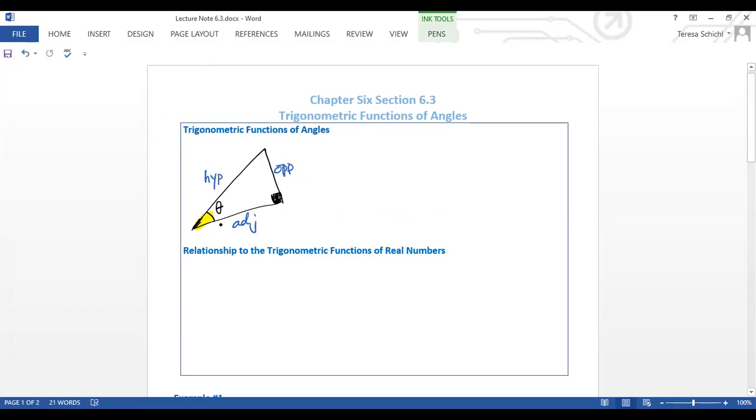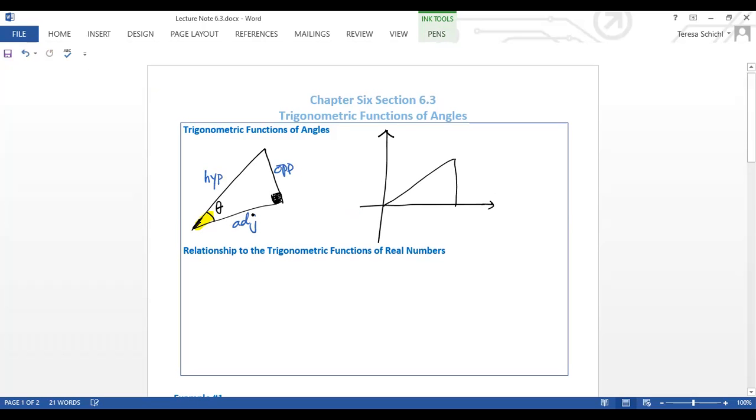In fact, you can put these right triangles into a coordinate system, so we're back to what we defined in chapter 5 with the real values. I'm going to move this right triangle this way. The adjacent side I'm going to put on the x-axis.